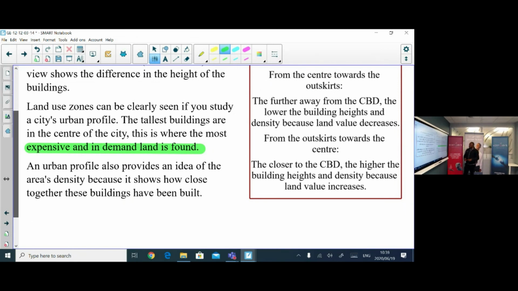An urban profile also provides an idea of the area's density because it shows how close together these buildings have been built.